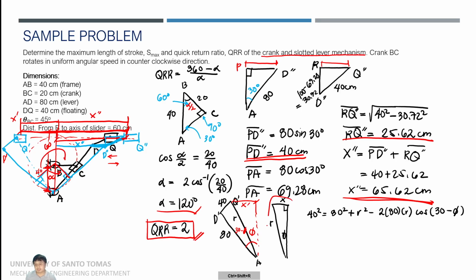For the second equation, you can use this right triangle, so it is much simpler. You can just use the sine function, no? So sine phi is equal to x over r.